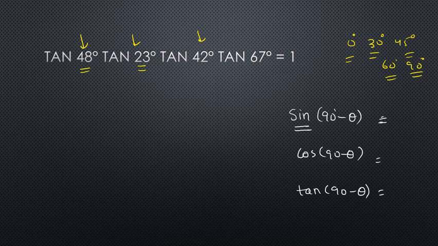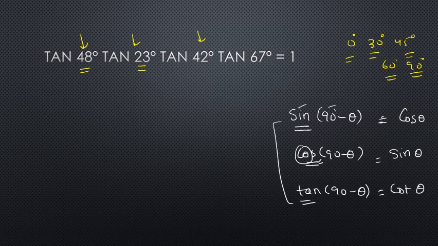Cosec, right? Sin(90 minus theta) makes it cos theta. This is also one formula. Cos(90 minus theta): just remove co, what is left? Sine, and add co here, so cot, right?